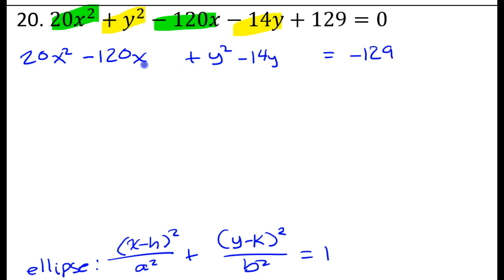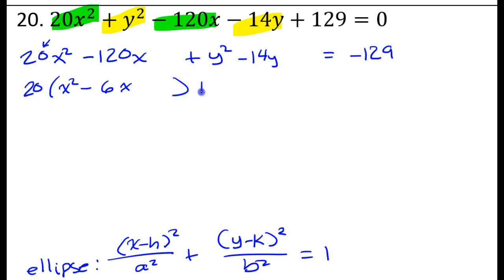Do not do half the middle squared yet. You need to take this leading coefficient outside of the parentheses. So I'm dividing by 20. Okay, so this is going to be 6x. Leave space to complete the square.